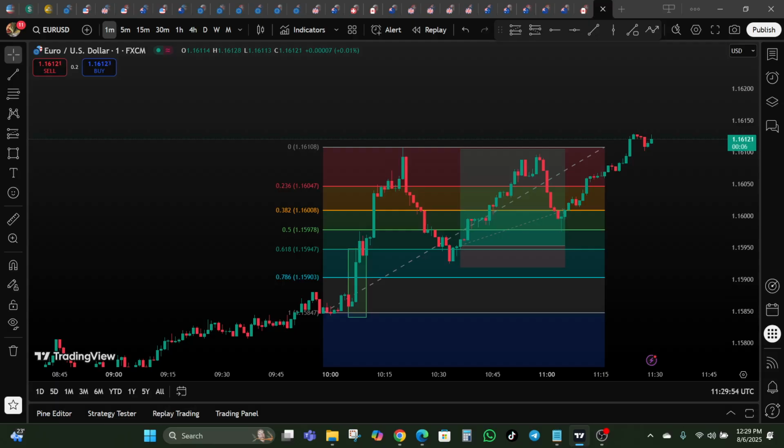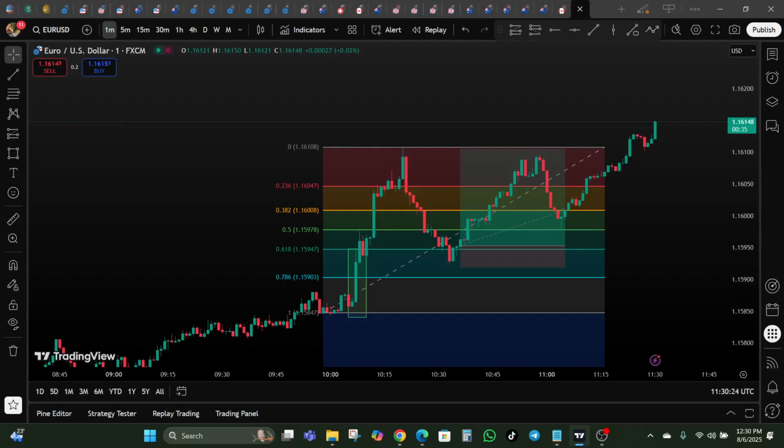Avoid low liquidity zones, news events, or sideways markets. They'll chew up your entries and hit stops without follow through. Stick to momentum driven setups where price is moving cleanly in one direction. It is very, very important.